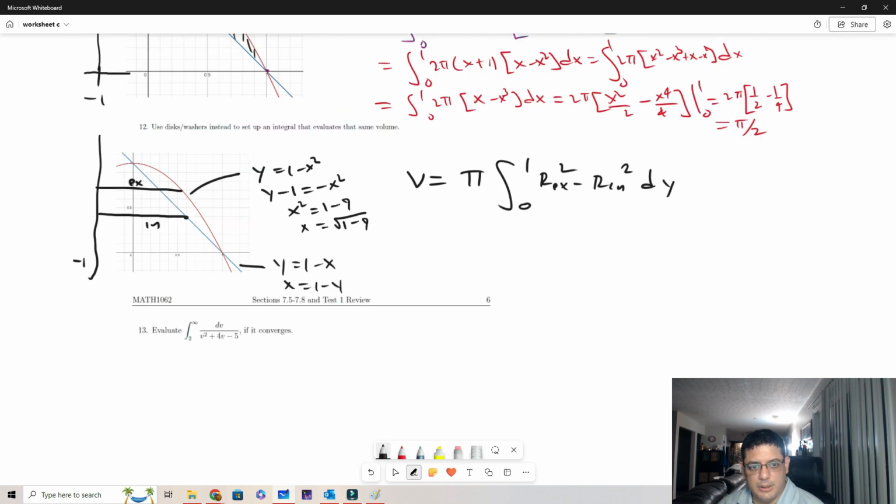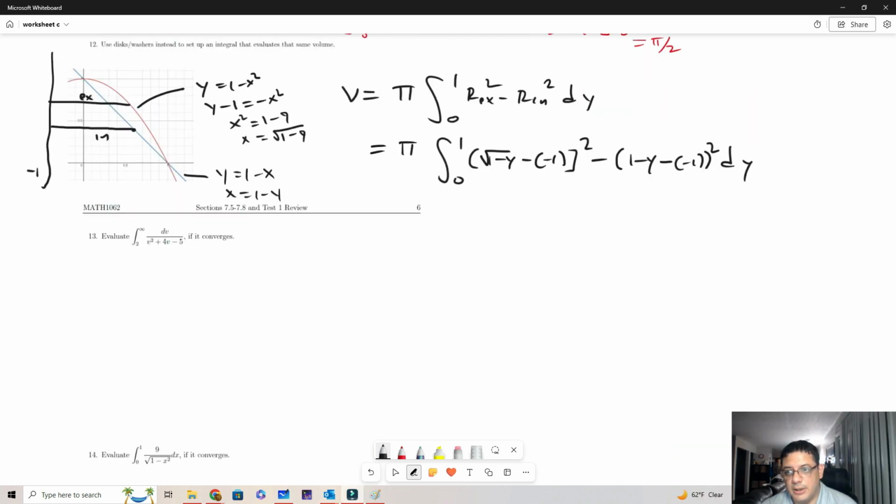So this is 0 to 1, and then the external radius is going to be the square root of 1 minus y, plus 1, and then minus 1 minus y plus 1, squared. So this is the setup for the same volume with the washers method. So now let's transition to improper integrals.